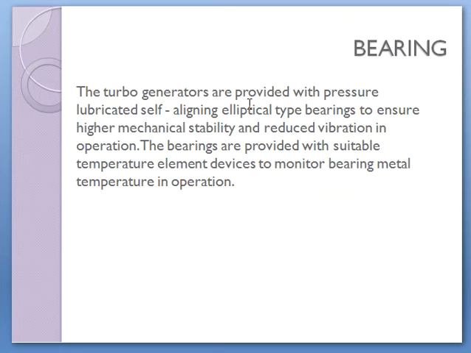The turbo generators are provided with pressure lubricated, self-aligning elliptical type bearings to ensure higher mechanical stability and reduced vibration during operation. The bearings are provided with suitable temperature element devices to monitor the bearing metal temperature in operation.